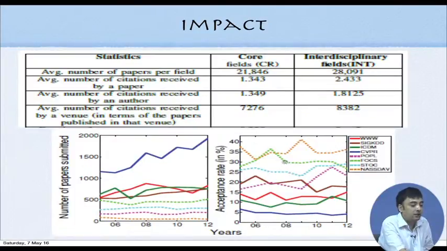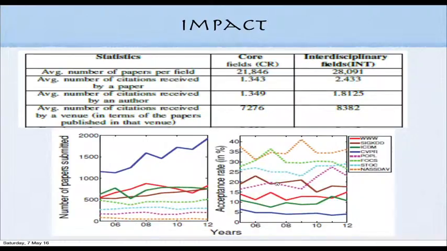On the other hand, the number of papers that are accepted is actually higher for the core areas, whereas it is much lower in the interdisciplinary areas. So basically these two figures together indicate that there is a high level of competition in the interdisciplinary areas.